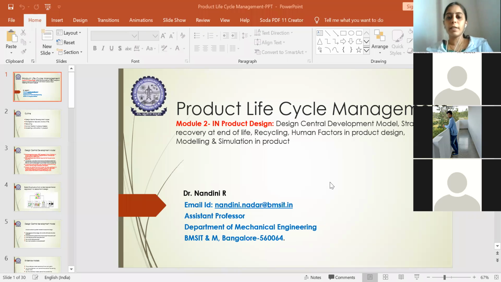So in product lifecycle management module 2, we have dealt with different product design processes and methodologies, some part related to the design central development model, how a product ends and the recovery of a product, and the human factors relevant to designing a product. Finally, the modeling and simulation part of the product was left out. So today we will be focusing on that.